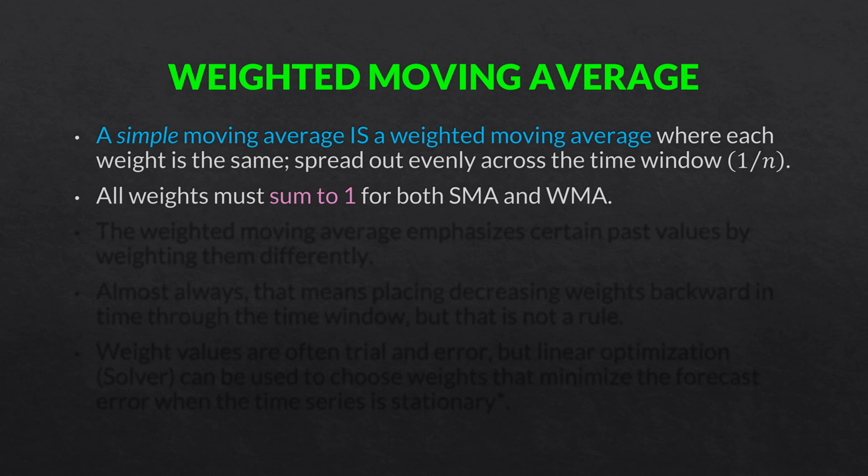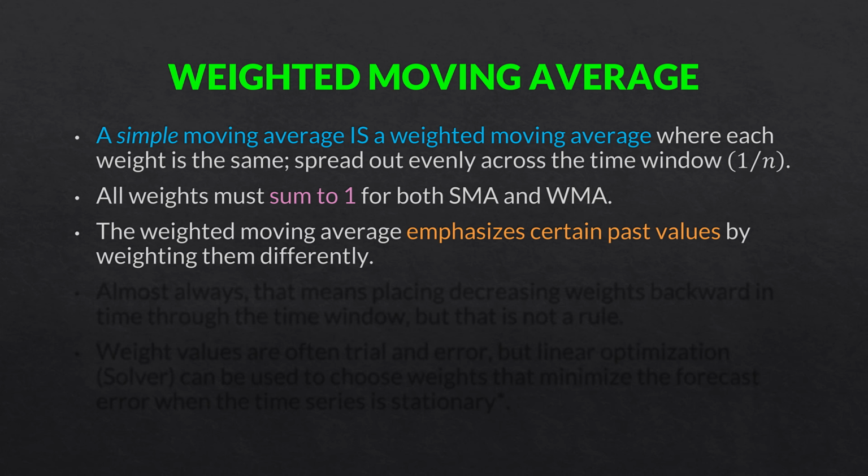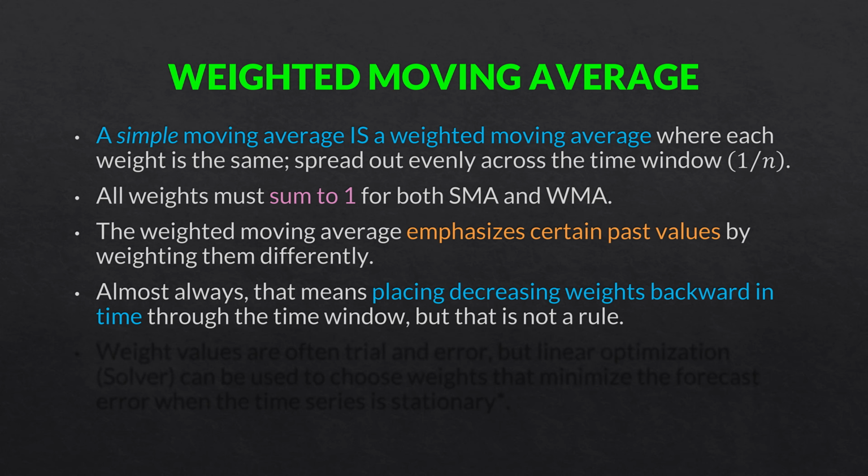Now, all weights must sum to 1 for both the simple moving average and the weighted moving average, the topic in this video. The weighted moving average emphasizes certain past values by weighting them differently. Now, almost always, that means placing decreasing weights backward in time through the time window. But that is not a rule.